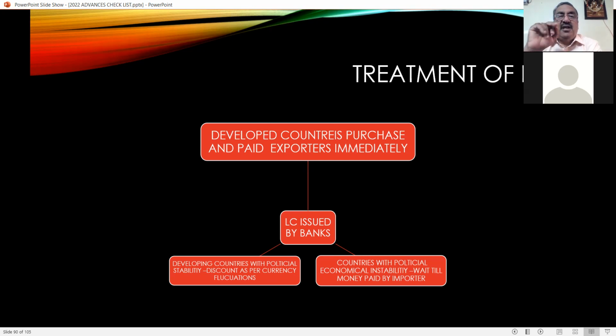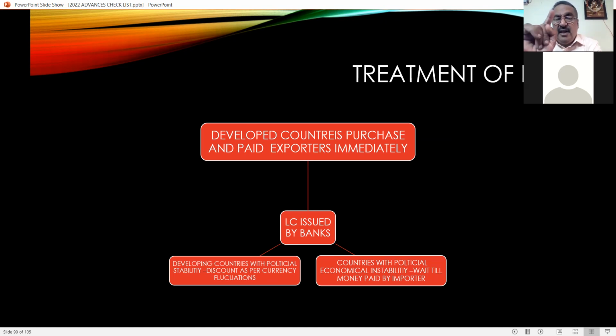So if Indian bankers issue an LC to the UK, the UK bank knows that the Indian government is politically stable, so they can discount the LC and make the payment to the supplier. You understand the concept? Politically stable. Our Indian government is a government of a developing country with political stability.